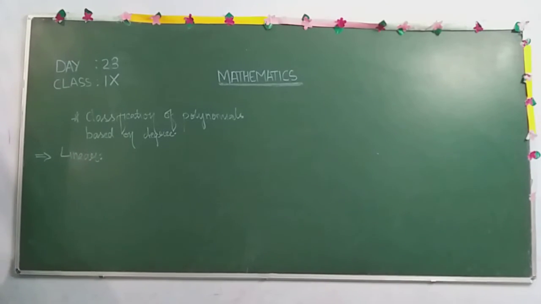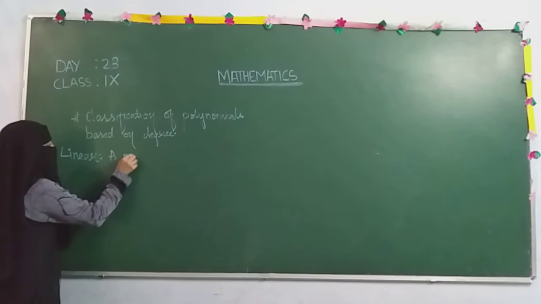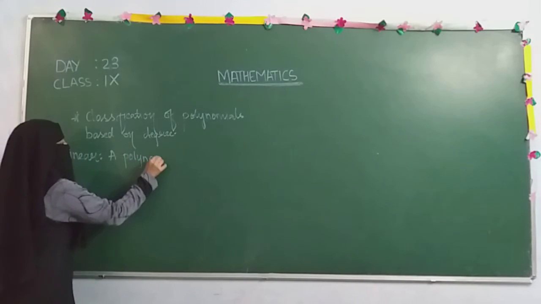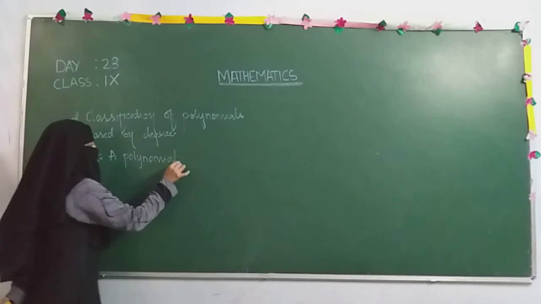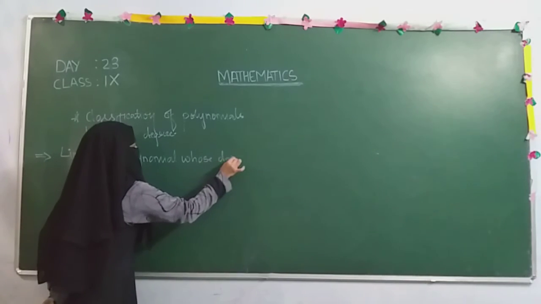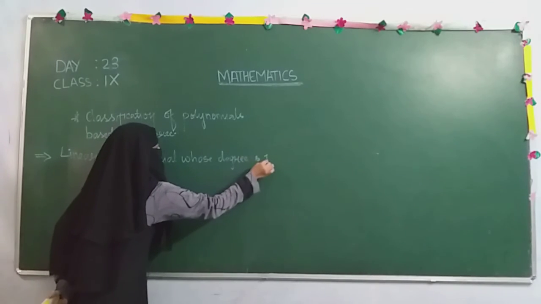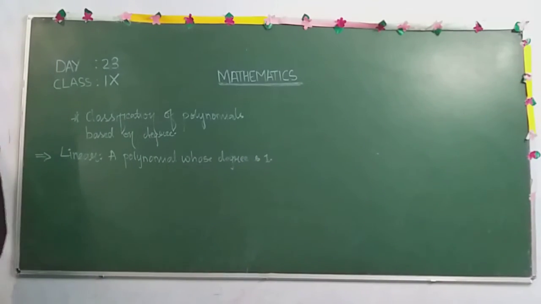A polynomial with degree 1, or a polynomial whose degree is 1, is called a linear polynomial.